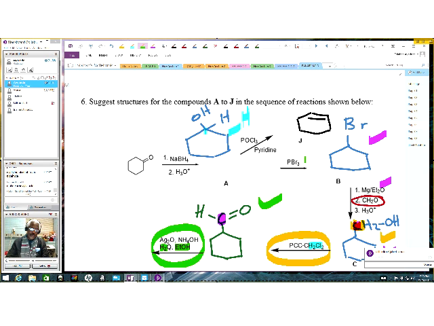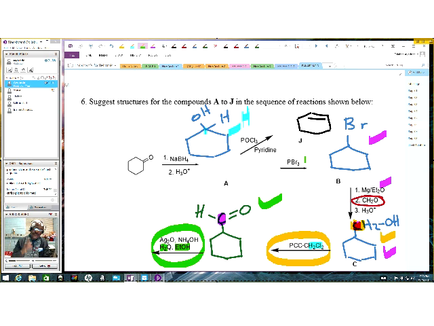Now, what does silver oxide do with an aldehyde? What do you expect to get? It produces silver, and a carboxylic acid, exactly.